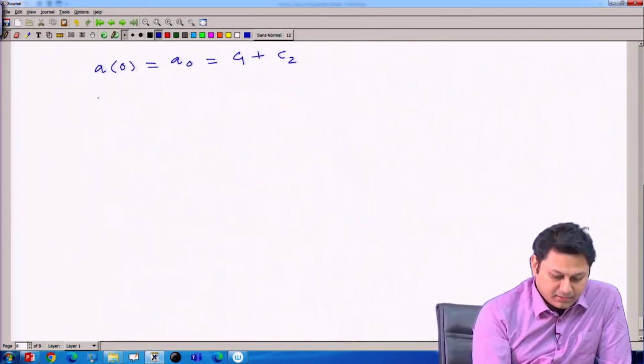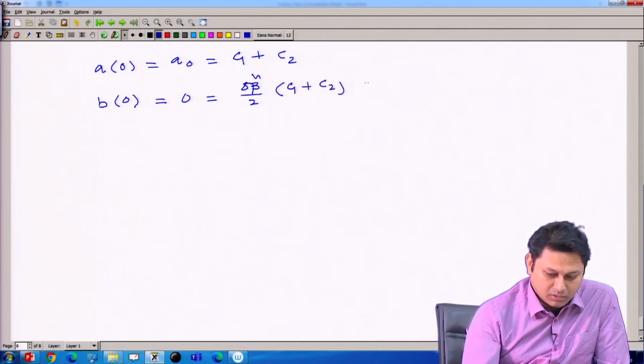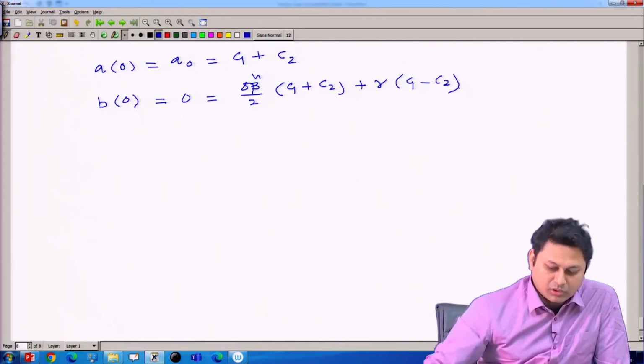And for B, B0, which is equal to 0, is equal to delta beta tilde divided by 2 times C1 plus C2, plus gamma times C1 minus C2.